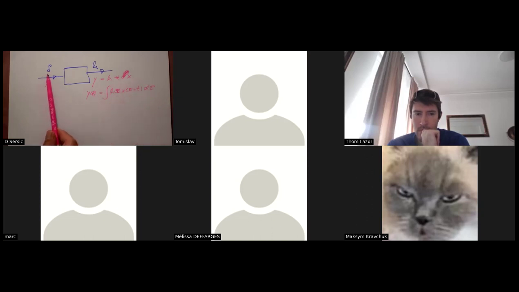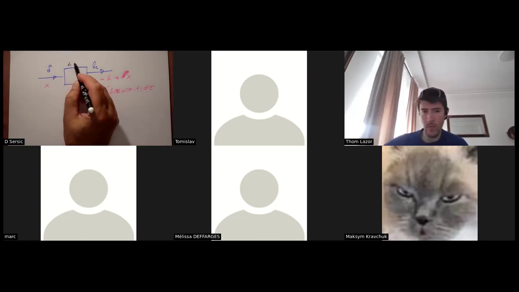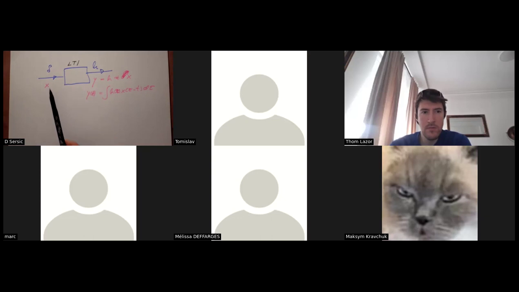So once you know the impulse response of a linear time invariant system, you can calculate the response to any input only by the convolution. Convolution is such an integral form where you have the first function here and the second function here.